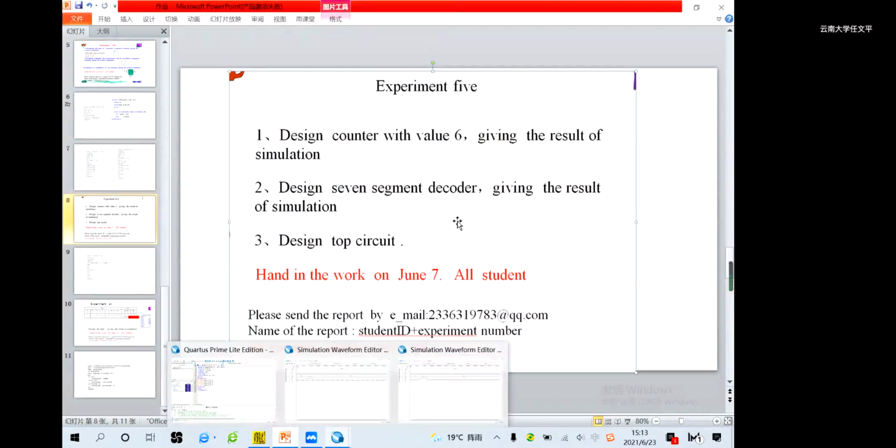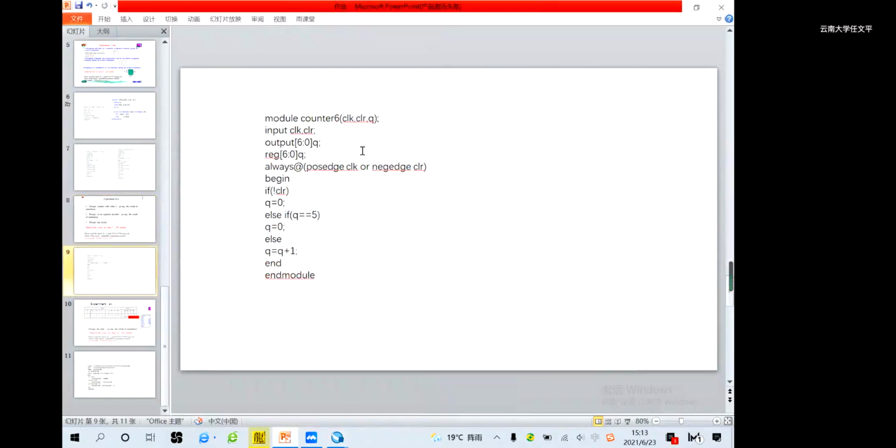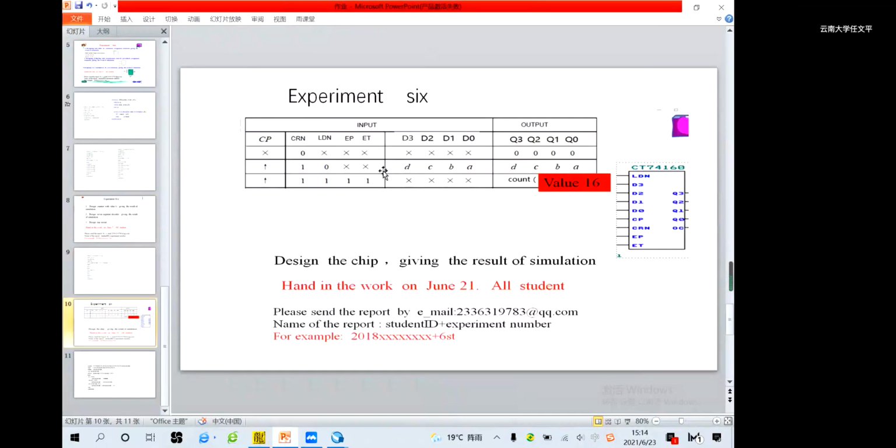We have already talked about this many times, I talked about similar programs many times. Here is the clear. The max value is 5, when it is 5 it comes back to 0, else add 1. I will not simulate it because we have done this many times. This is the last experimental.